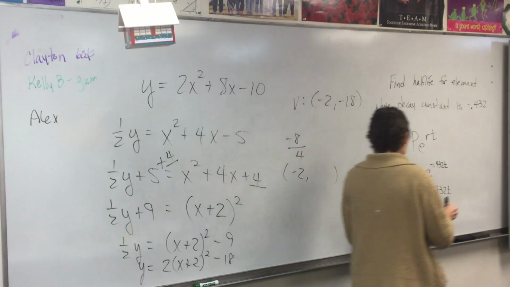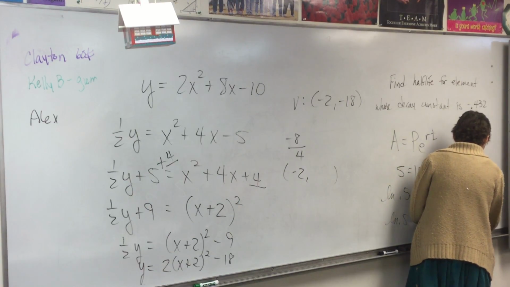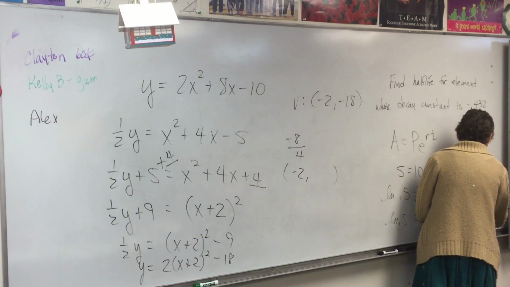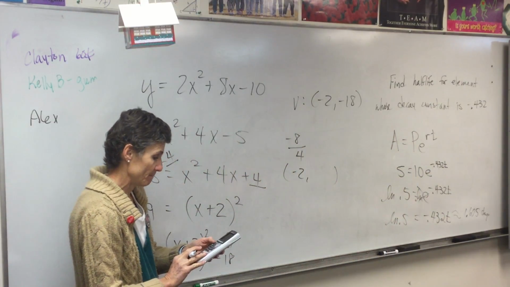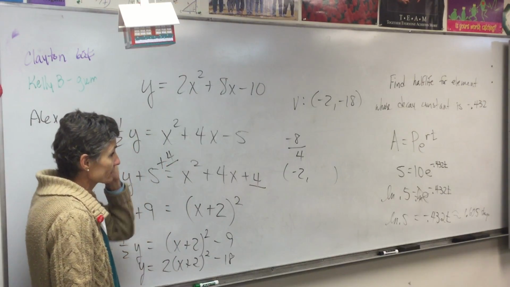So it looks like it's about 1.605 days, years, months, hours, decades, centuries, something, right? Okay, what else?